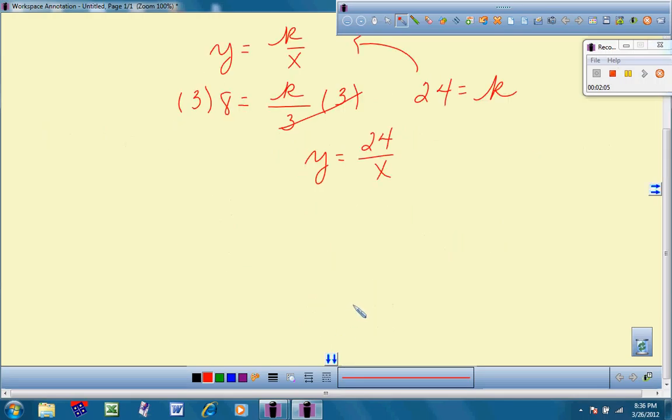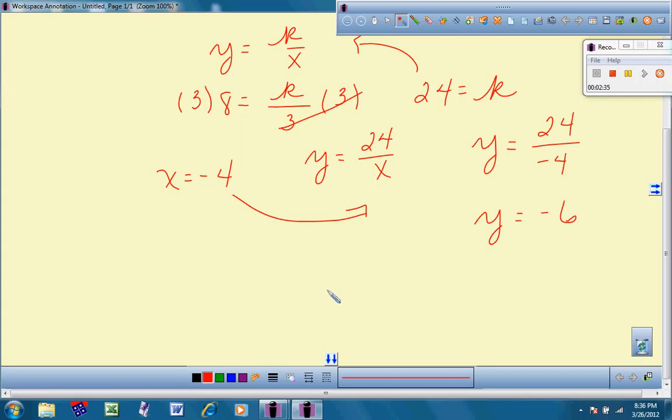The second part of Example 2 says when x is equal to -4. Now you would do this if, let's say, you had to graph. So wherever we have x, we're going to replace it with -4, so we get y is equal to 24 over -4, so y is equal to -6.